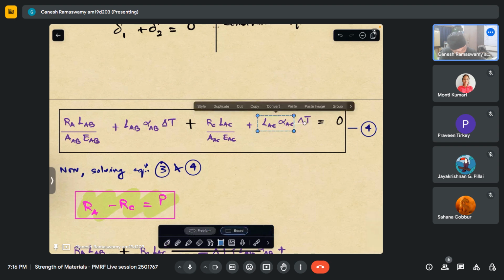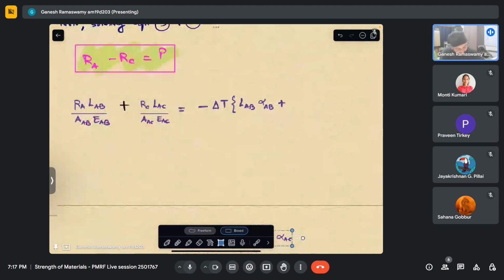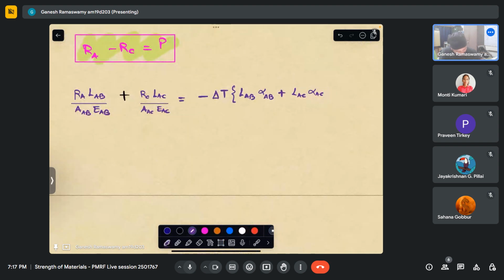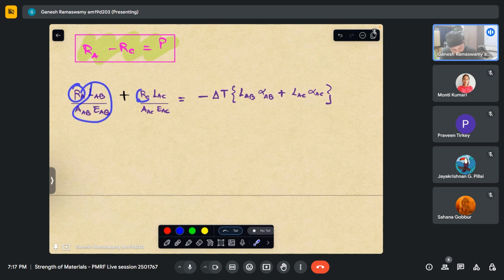I have just taken those to the other side. I hope there is no confusion there. So now I have R_A into some coefficient plus R_C into some coefficient equaling some other value. Similarly, I have R_A minus R_C equaling some other value. So I just have to solve these consistently.